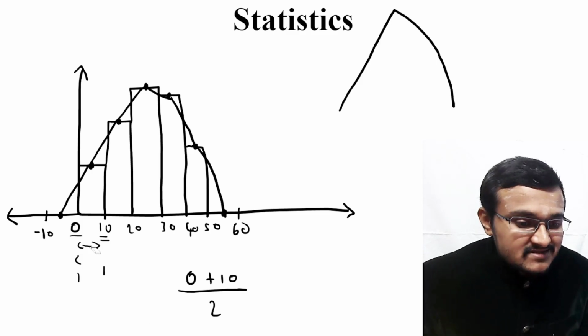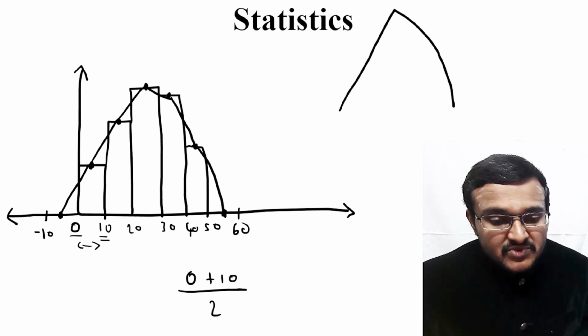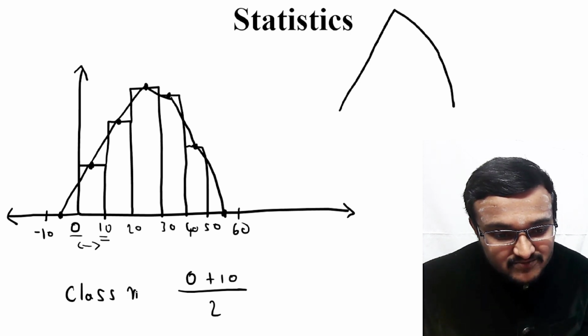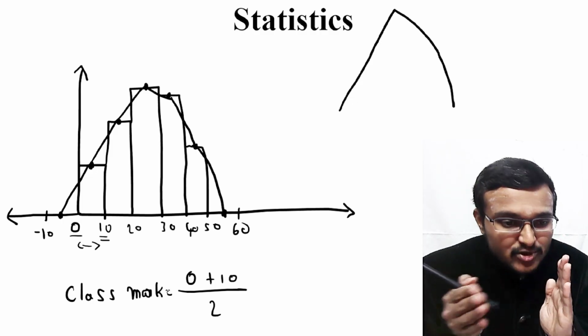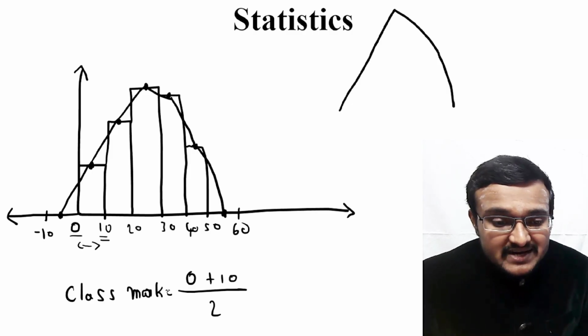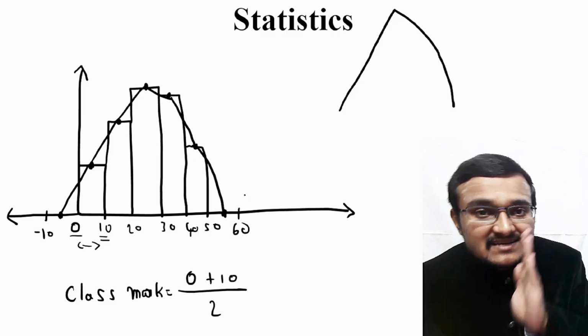So this is known as class mark. Class mark means, on the x-axis where you are considering a particular range, the initial point and the final point in that particular range you have to consider. That is the lower limit and the upper limit.